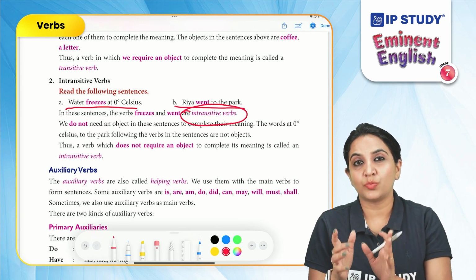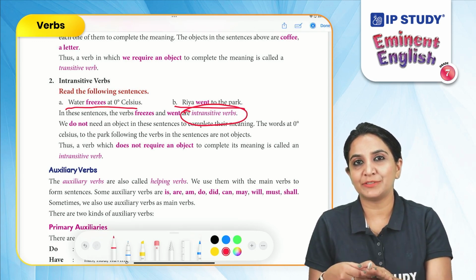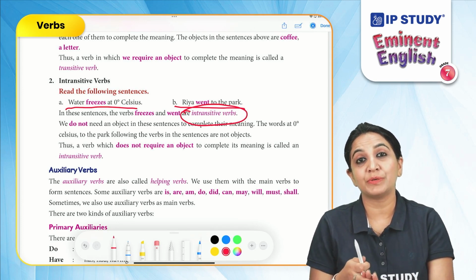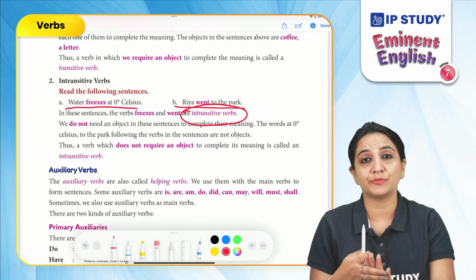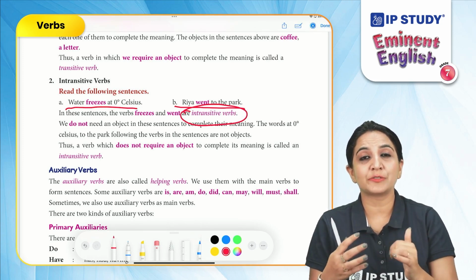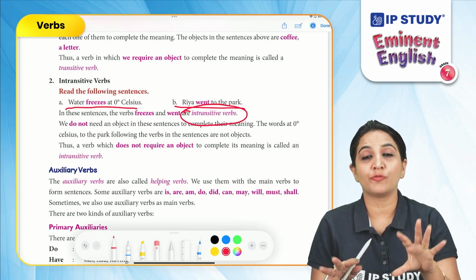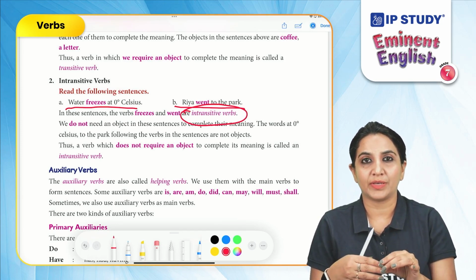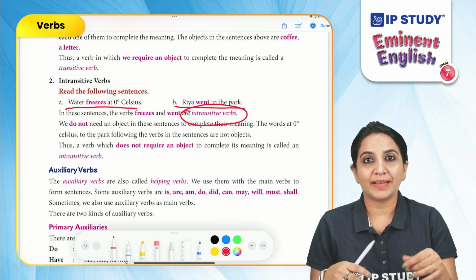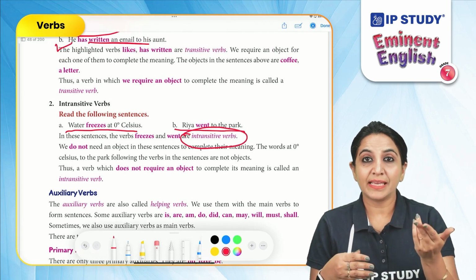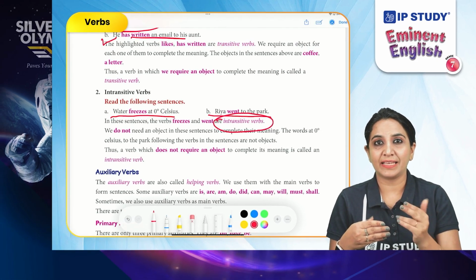Now, there is one special trick to differentiate between a transitive verb and an intransitive verb. Now, what is that? Transitive verbs always express a state of to be or to have. Means, Ayan likes coffee. Ayan does not like coffee. He has written an email to his aunt.